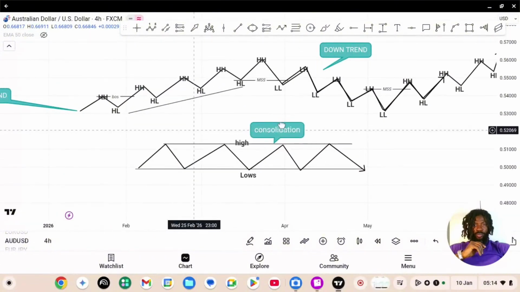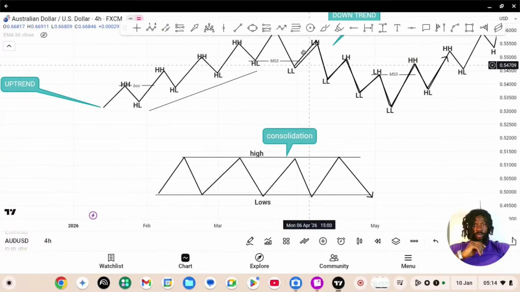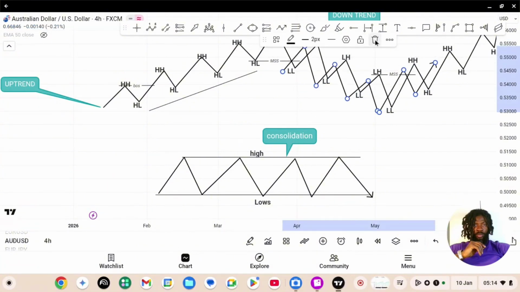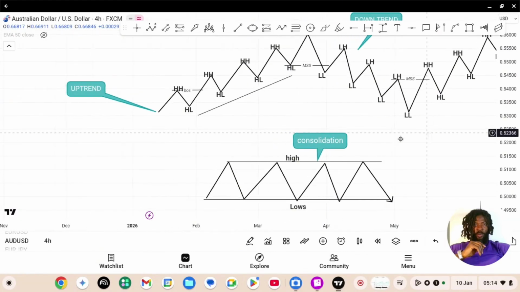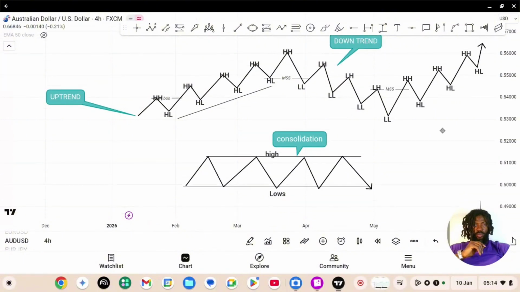Now I did a sketch here. Now, when you hear of market structure, it simply means the direction of the market.